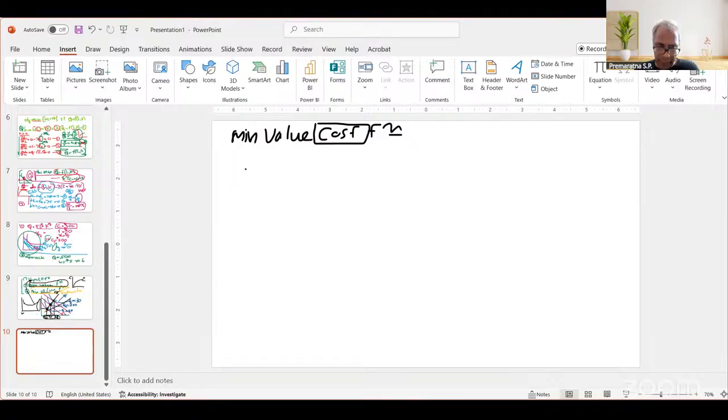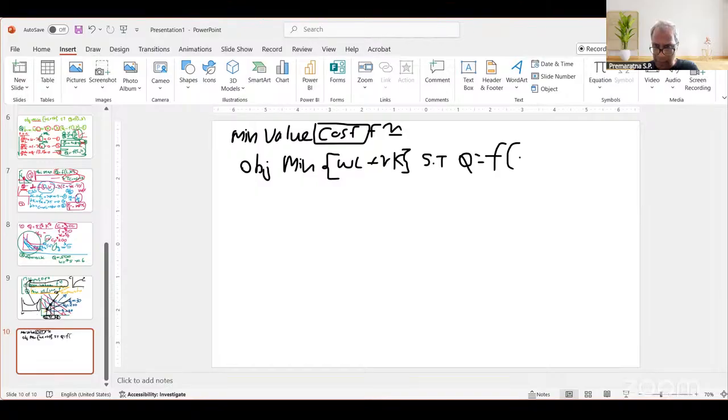Here, the objective: the producer tries, like I explained before, to minimize cost. Minimize cost. Objective, that is, the constraint, the output. So with this we generate the minimum value cost function.